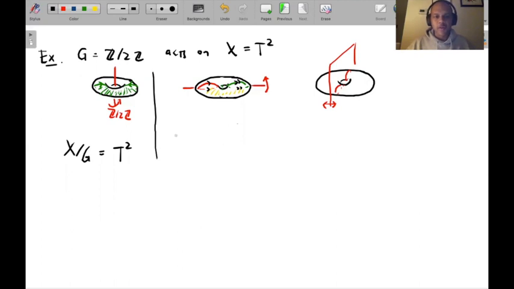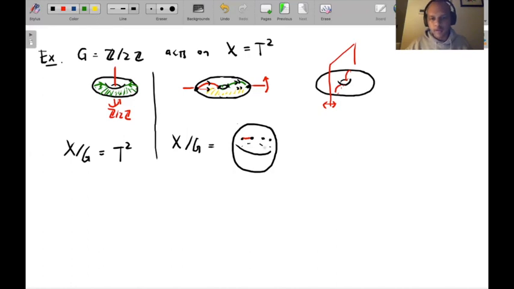And okay, so with a little bit of thought, what you find is that this quotient is the two-dimensional sphere. And in the sphere, you see sort of the image of these 4 points. So you have somewhere here 4 points like this, and the image of the red circle is an arc like this. Sort of gets folded in two, and similarly for the green circle.